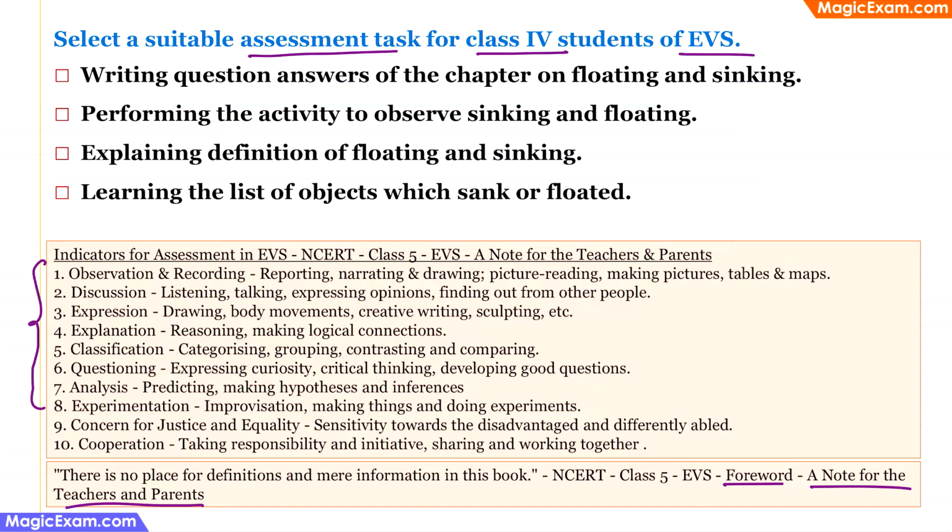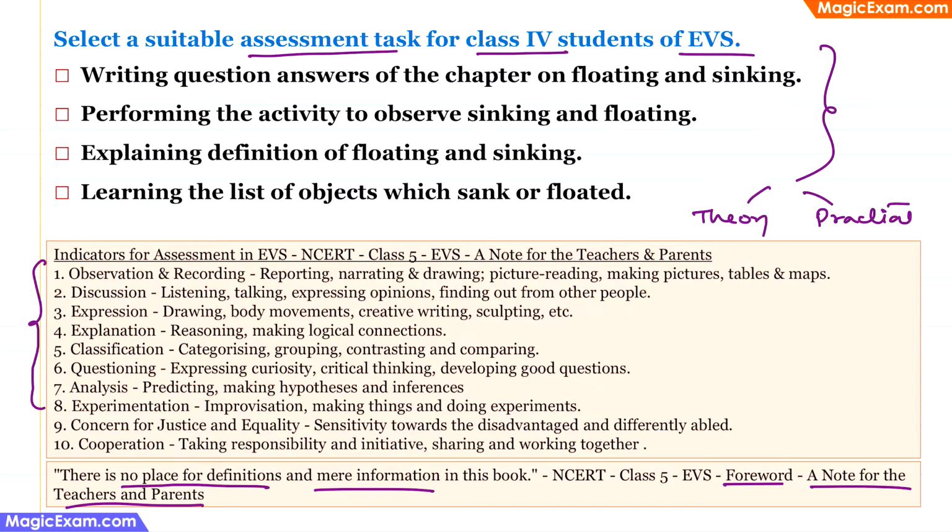And it is clearly mentioned that there is no place for definitions or mere information. So the simplest way to answer many of the EVS pedagogy questions is to divide the answer choices into two categories. Look at them, which of them are theory and which of them are practical.